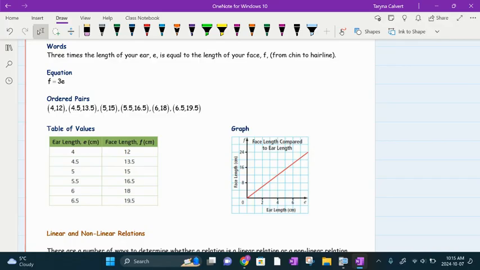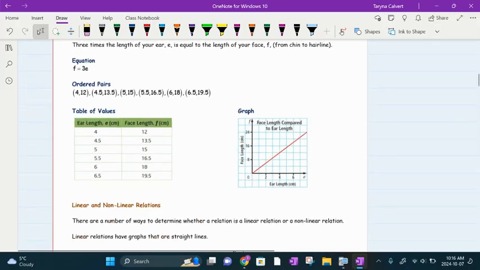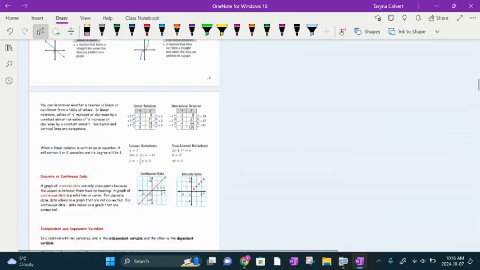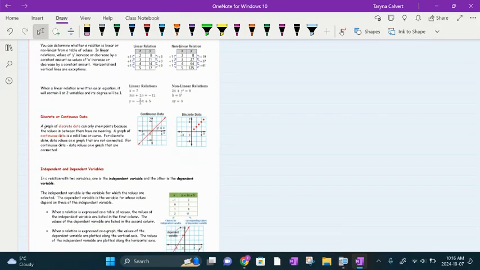Yes, because there's a constant fee for the hall that's not changing, and there is a constant amount being charged per person. So in those scenarios you just have to read the sentence and see, is there a constant change? If there is, it's going to be linear if you graph it. If there isn't a constant change, then it will not be linear when you graph it. You'll see examples coming up right away.